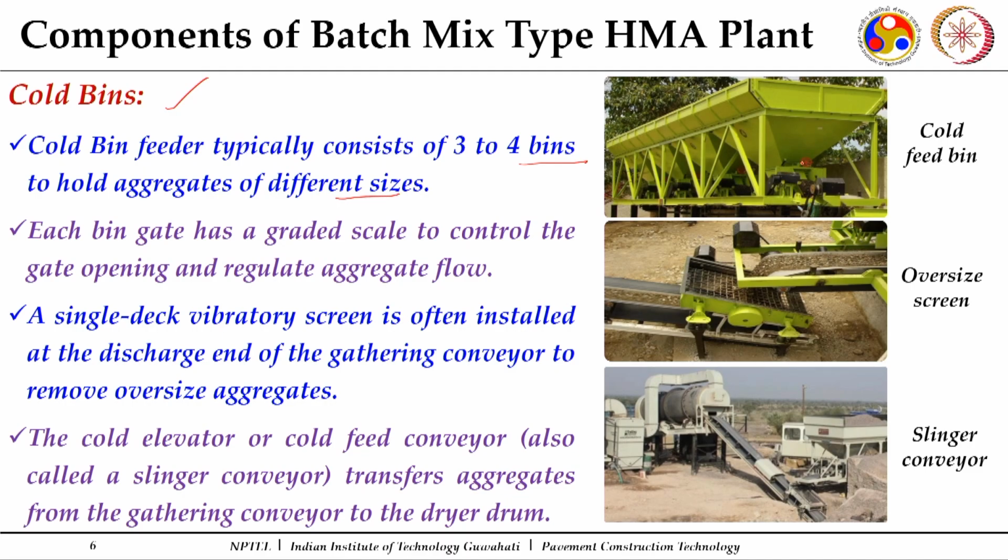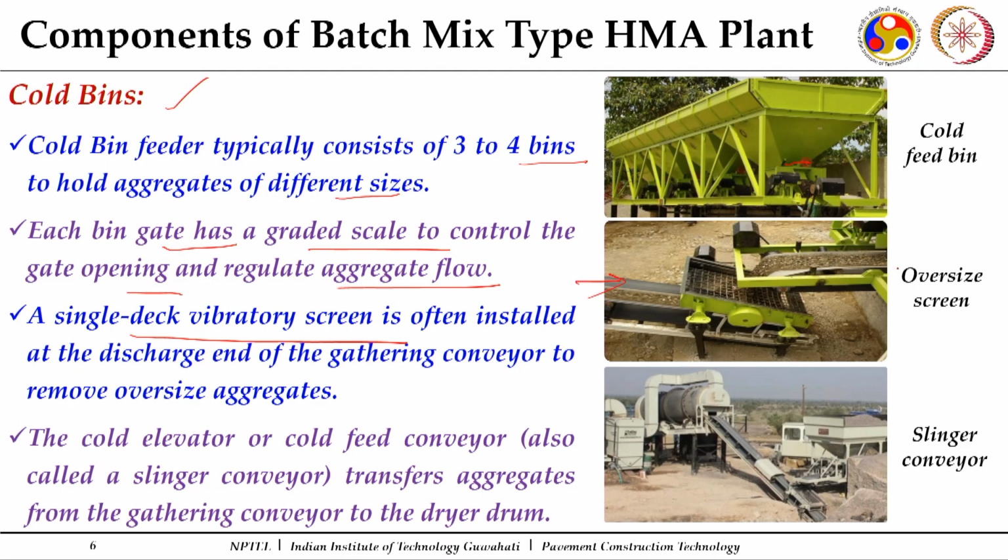Now each bin has a gate at the bottom, with a graded scale to control the gate opening and regulate aggregate flow. It opens the gates at the bottom, and then the auxiliary conveyor takes the aggregates from an individual bin and transfers them to the gathering conveyor. All these bins transfer through their own auxiliary conveyors to the gathering conveyor, and there is usually a provision for a single deck vibratory screen.